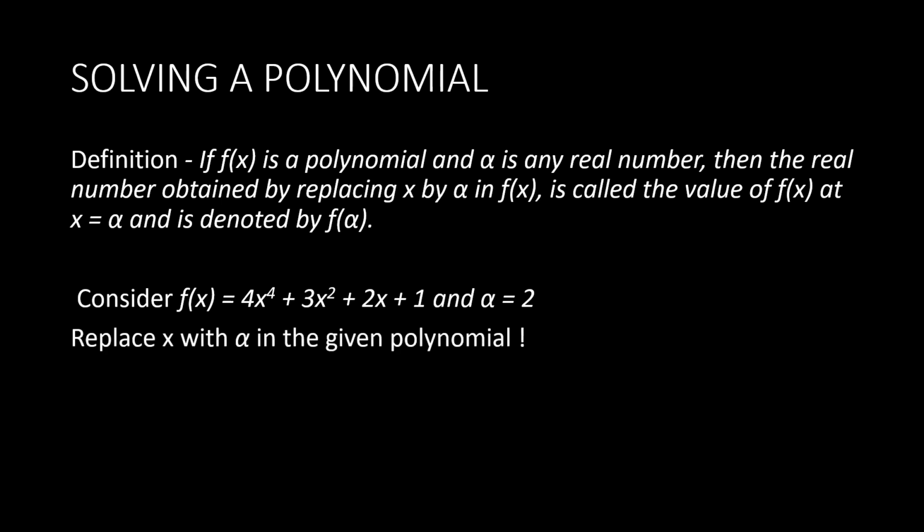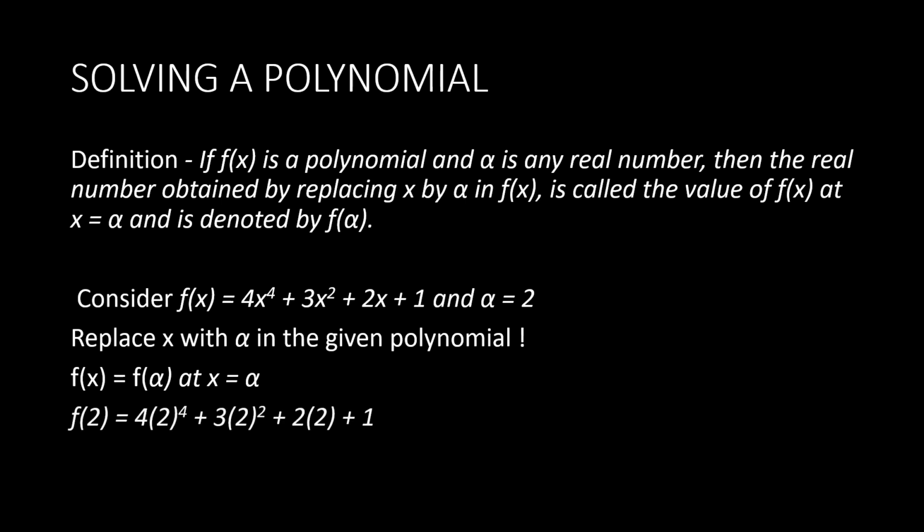So replace x with alpha in the given polynomial. So let's do it. So f of x will become f of alpha if we replace x with alpha. Okay, so f of x becomes f of alpha, alpha being 2, it becomes f of 2, and then replace x with 2.